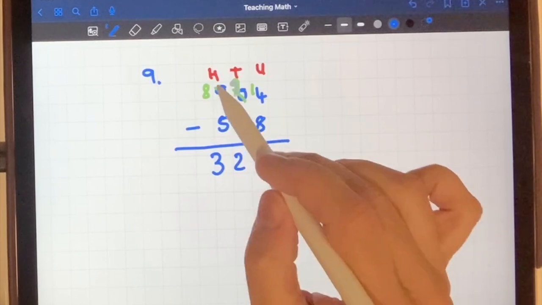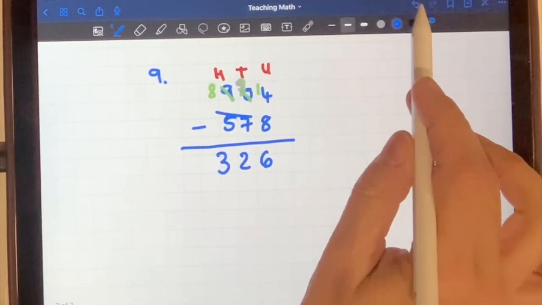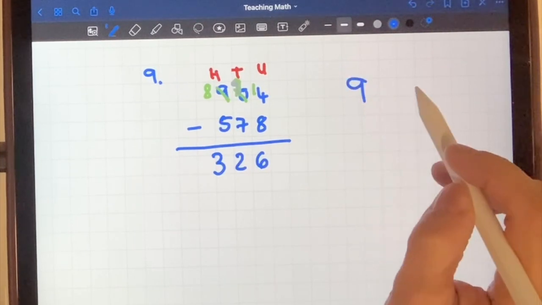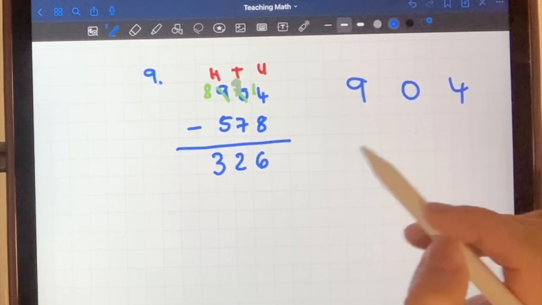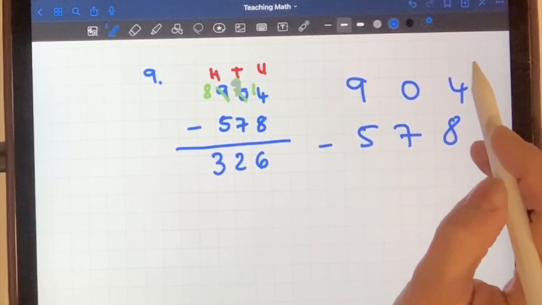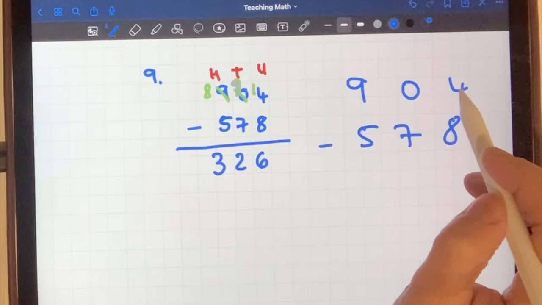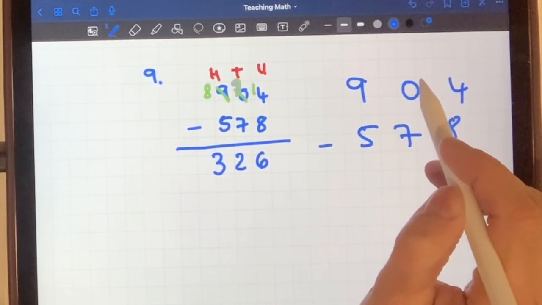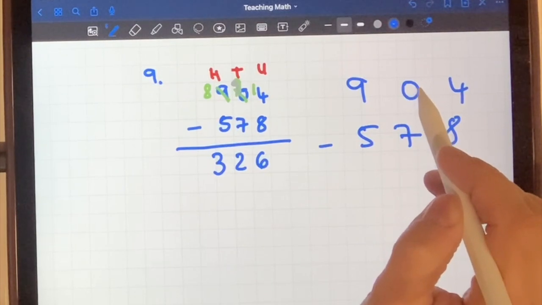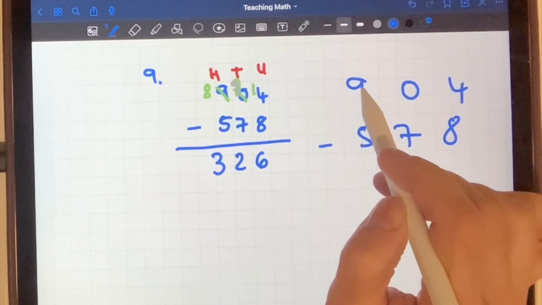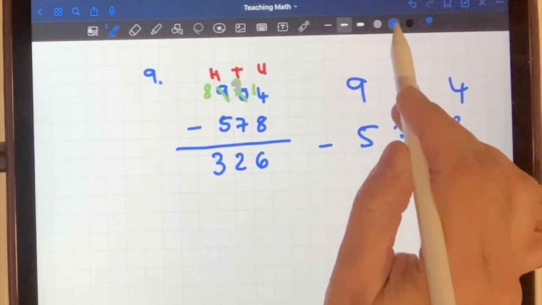So I'm gonna go over that bit again, just to show you how I did it. 904 minus 578. So I needed to borrow 1 because I can't say 4 minus 8. I go next door, but there isn't 1 that I can borrow. So I go to the next one. I can borrow 1 from here.